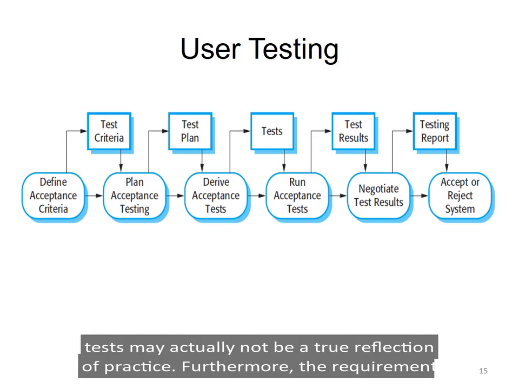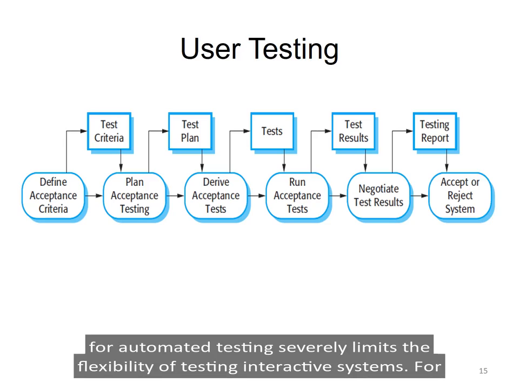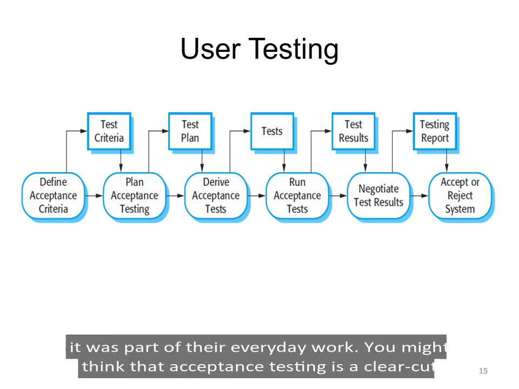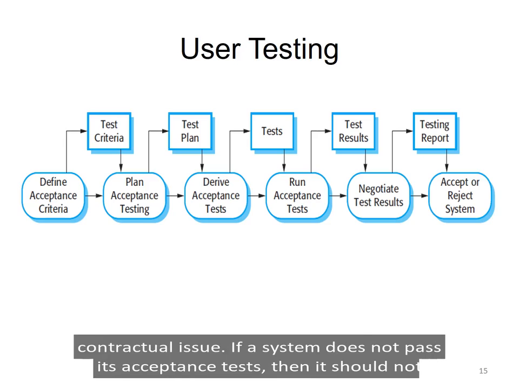Furthermore, the requirement for automated testing severely limits the flexibility of testing interactive systems. For such systems, acceptance testing may require groups of end users to use the system as if it was part of their everyday work. You might think that acceptance testing is a clear-cut contractual issue.